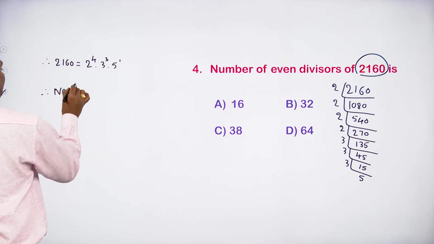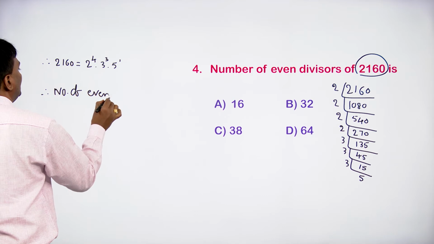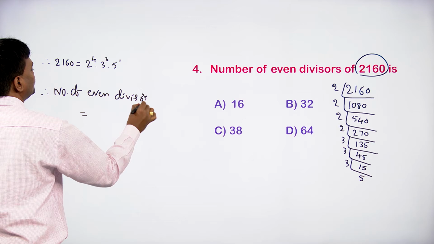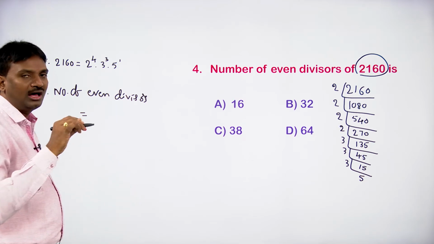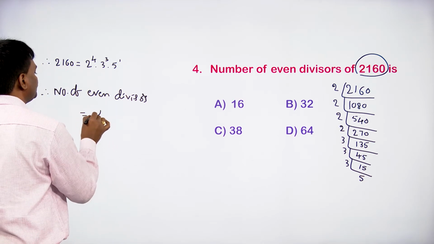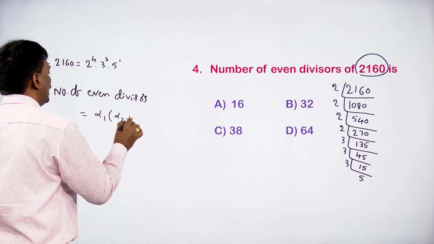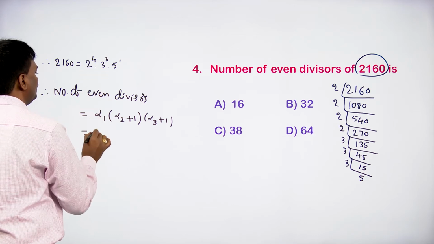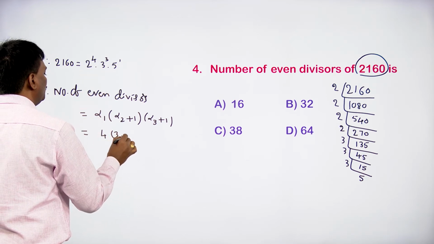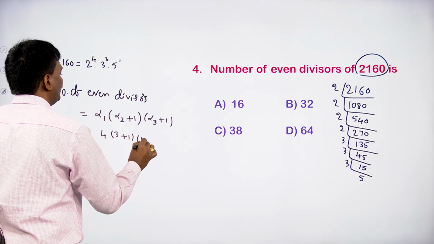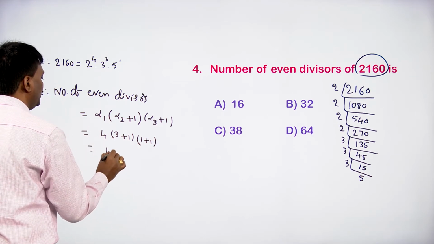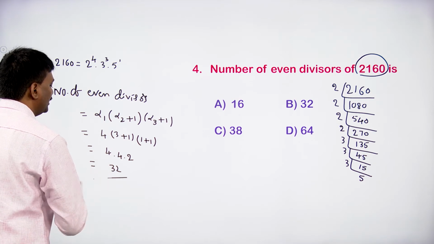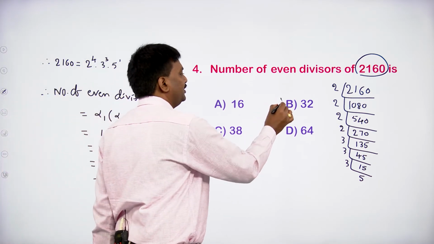So the number of even divisors of 2160 equals alpha 1 into alpha 2 plus 1 into alpha 3 plus 1, that is 4 into 3 plus 1, 4, 1 plus 1 is 2. 4 4s are 16, 16 2s are 32. So by observing the options we have option B.